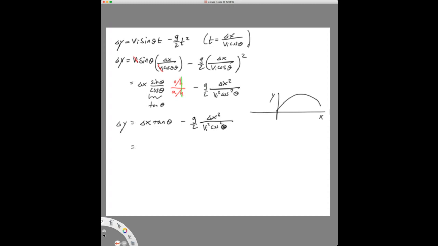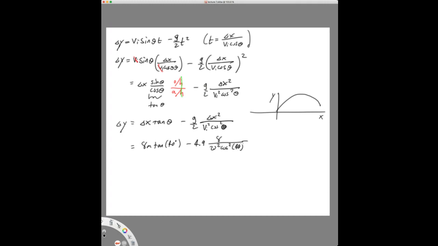And now we can put in our numbers. We have 8 meters times the tangent of, what was our angle, 40 degrees, minus 4.9, that's G over 2, times 8 over 20 squared cosine squared of 40.